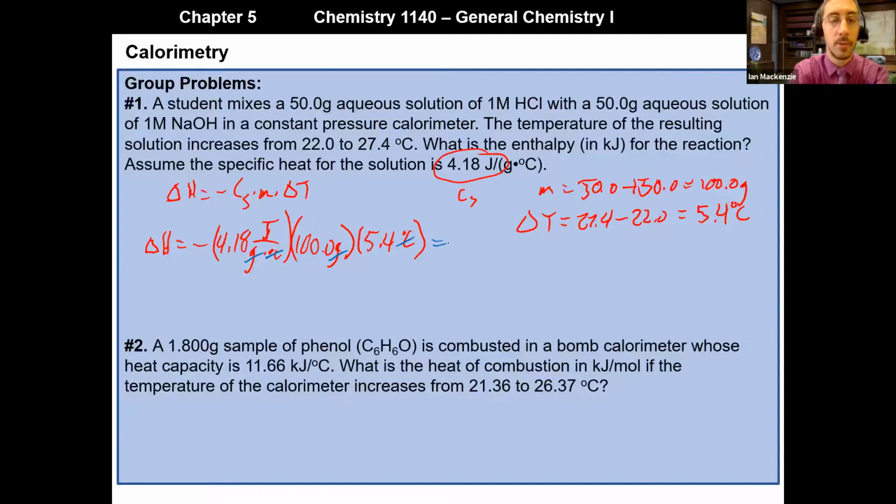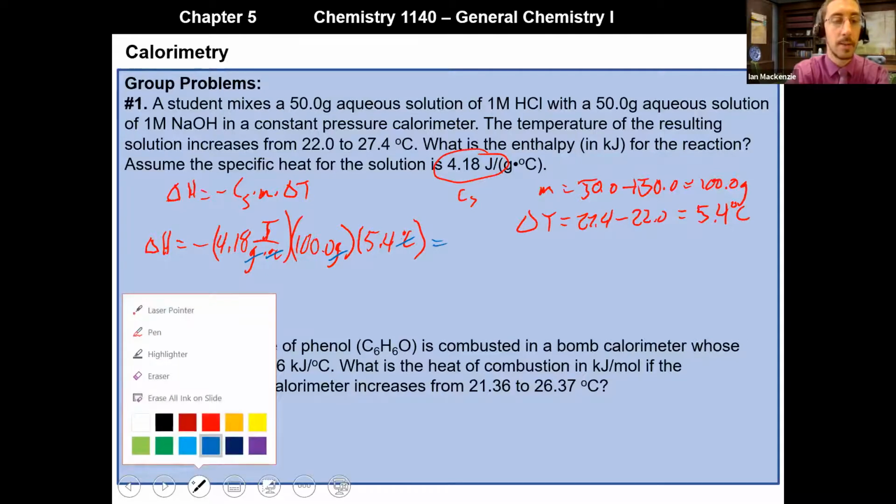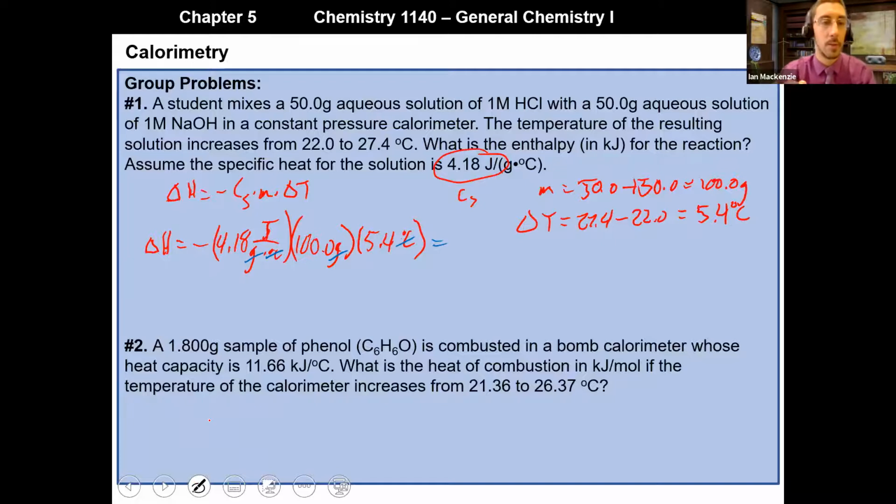I multiply this through, and it's going to be a negative number, 4.18 times 100 times 5.4. I come out with initially negative 2,257.2 joules.